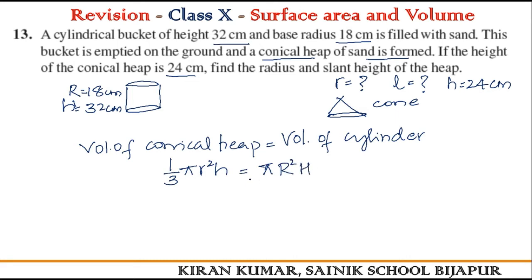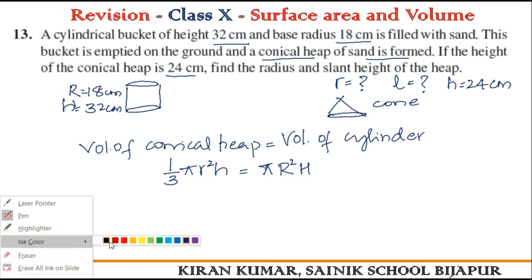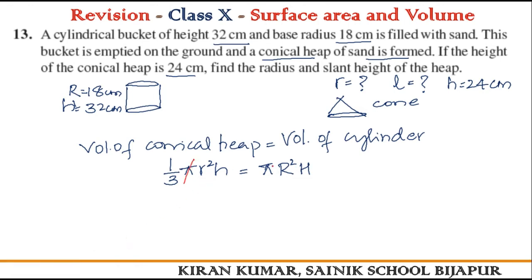For the cylinder, capital R and capital H are taken. Here, pi will get cancelled. We require radius here, so r square will be equal to 3 times capital R square into capital H divided by small h.